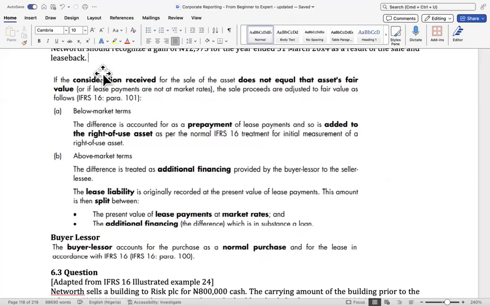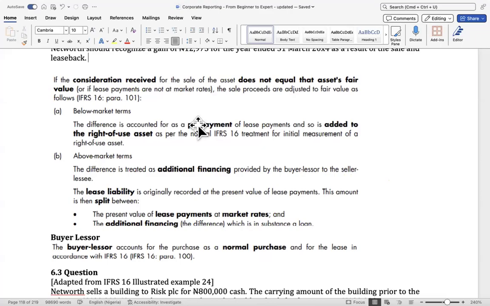I mean, why would you receive a lower amount? So we'll say that that lower amount, that difference, you treat it as a prepayment of your lease payment. We believe that the only reason you have agreed to receive a lower amount is because you would be compensated for it too, since you are going to be paying back, because you are leasing it back.